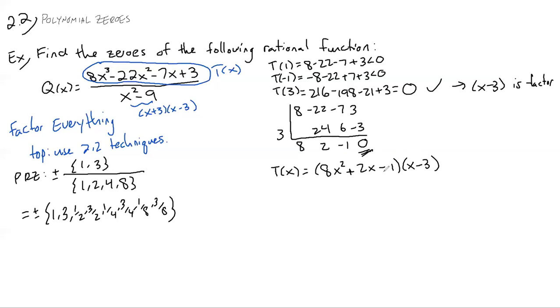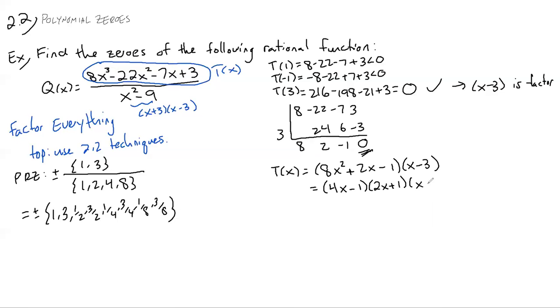And I think I can factor the 8x squared plus 2x minus 1. You kind of just use a reverse rule, as if it had been x squared plus 2x minus 8. What should I get here? It should be 4x minus 1 and 2x plus 1, I believe works.